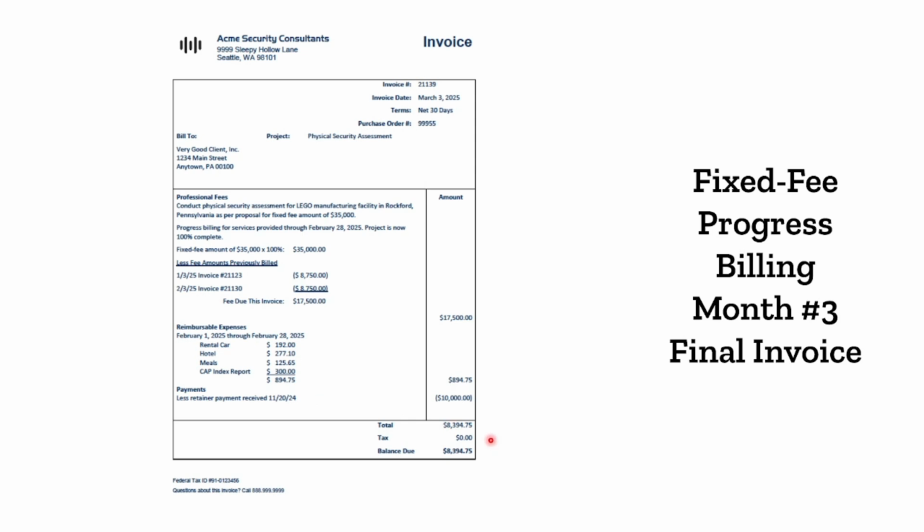So to arrive at the total, we would take the amount of fees due, the $17,500, add to it the expenses due, the $894.75, and from this amount, deduct the $10,000 that was given to us as a retainer payment. This would give a final balance due of $8,394.75.